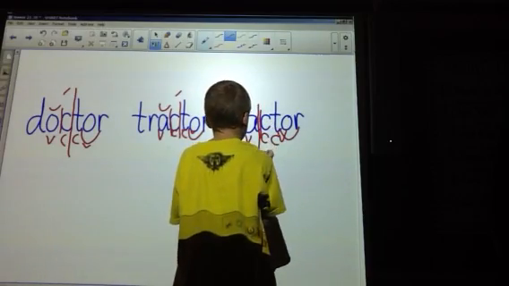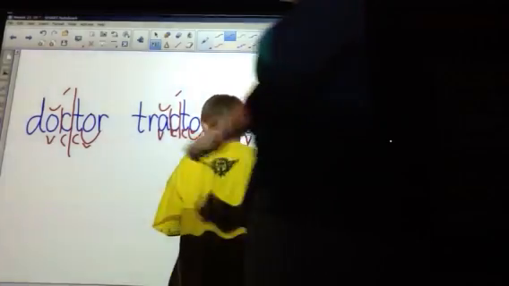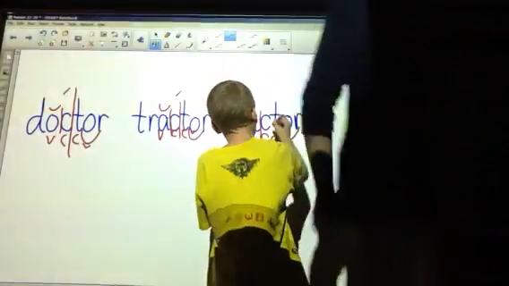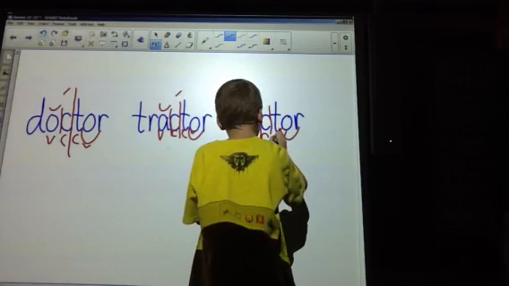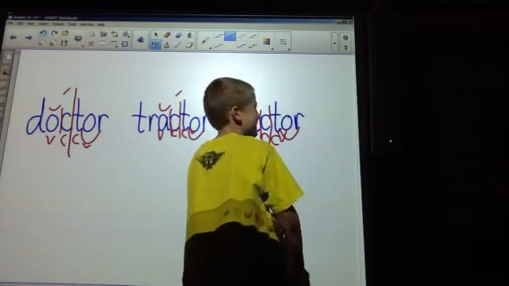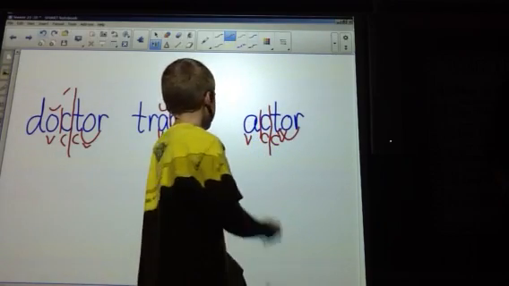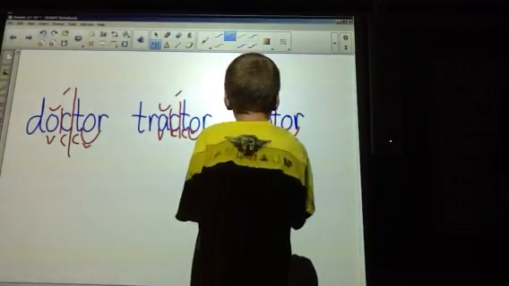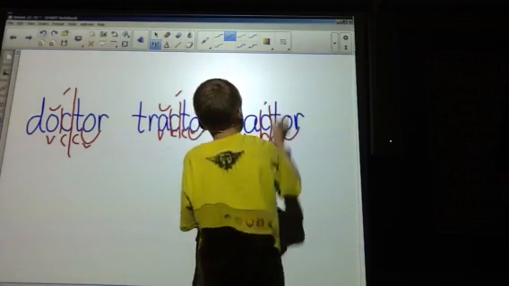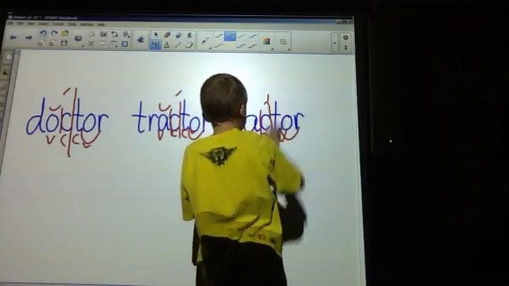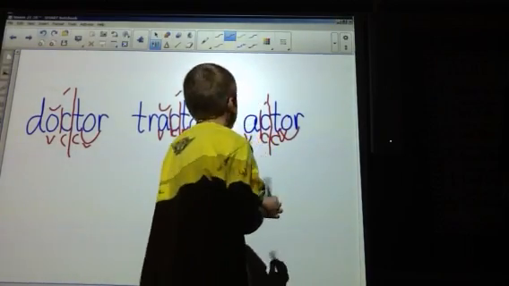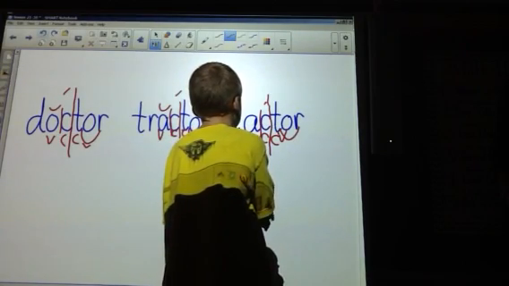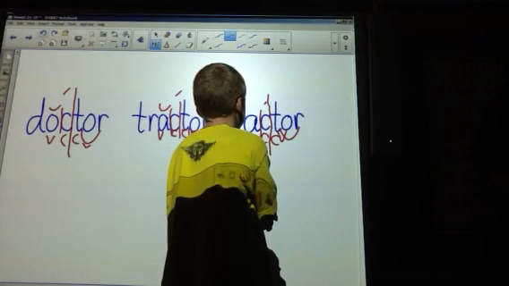Why would you divide it right there? Where are you going to divide? Usually we do it between consonants. There you go. Okay, anything else? What are you going to do with that vowel in the beginning part of the word?